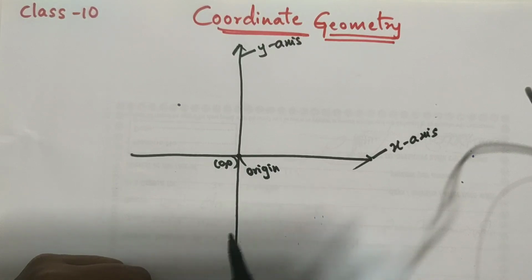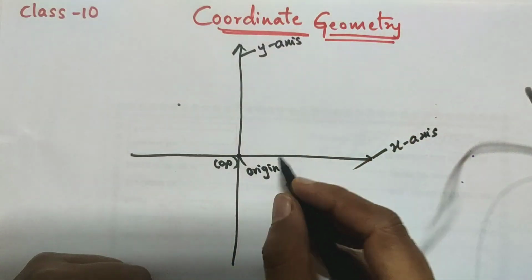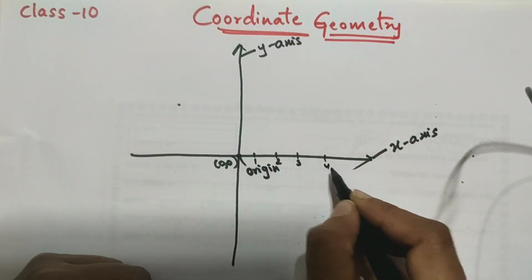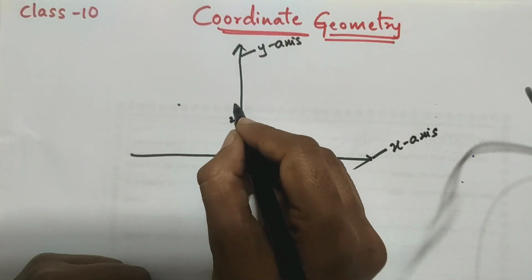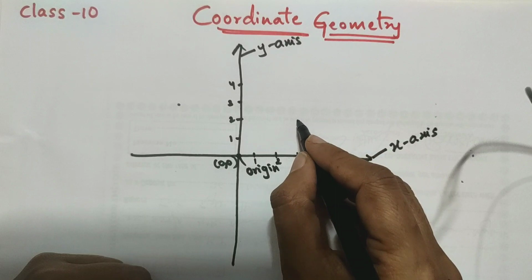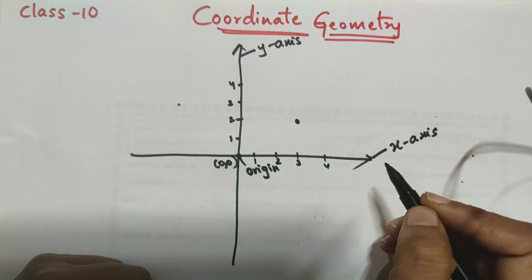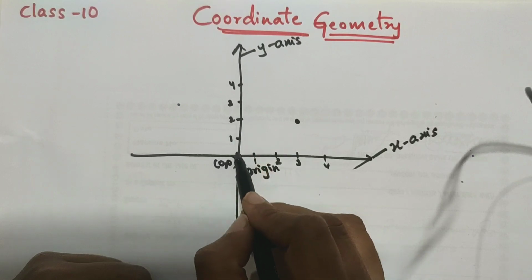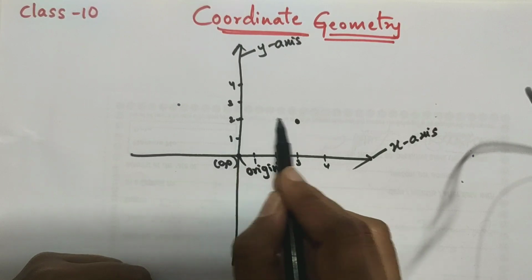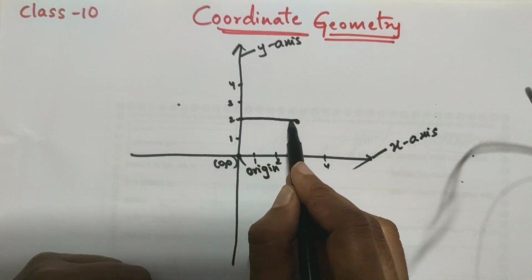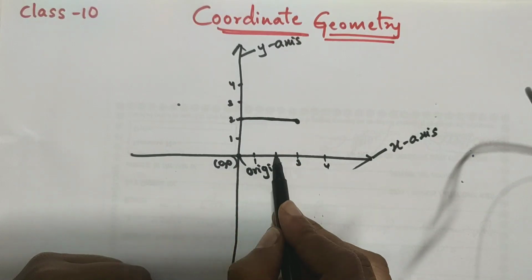Now if I consider numbers here, for example 1, 2, 3, 4, and I mark some point, that means the distance from the y-axis, look here, I count from the y-axis to the point: 1, 2, 3.